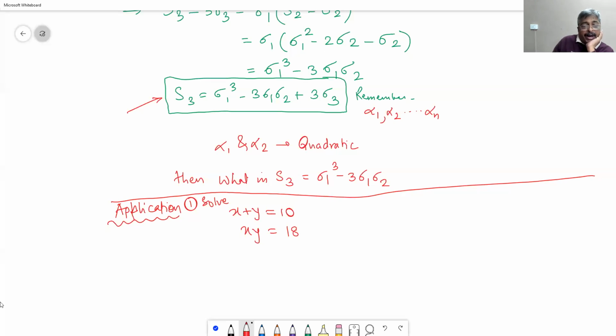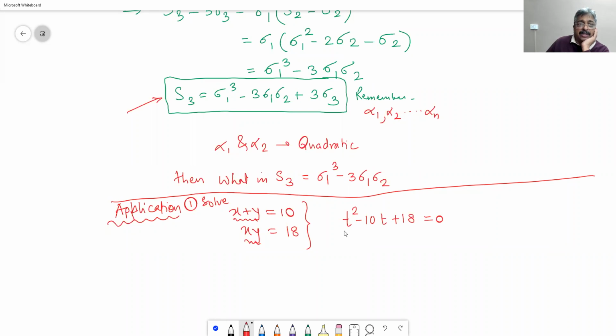Now why am I taking this all of a sudden here? This is the sum of the roots, this is the product of the roots. Therefore, if I assume t square minus 10t plus 18 is equal to 0, a quadratic equation, then what is the sum of the roots? 10. What is the product of the roots? 18. So if I solve this, I will get two values of t.